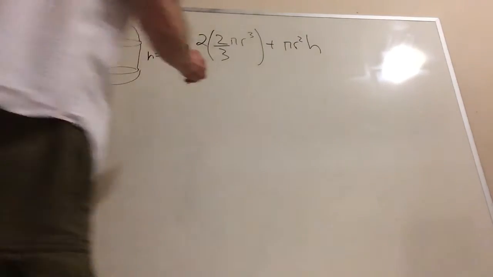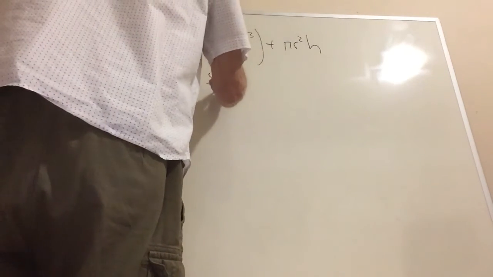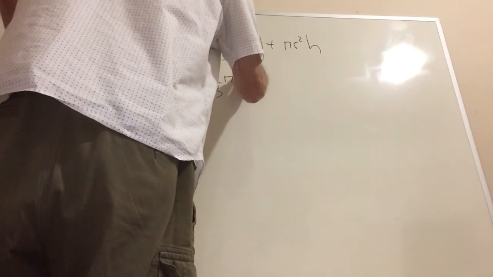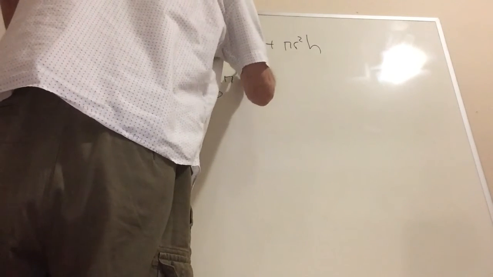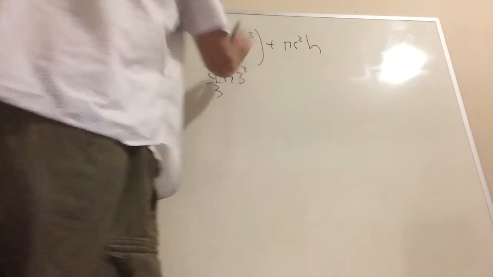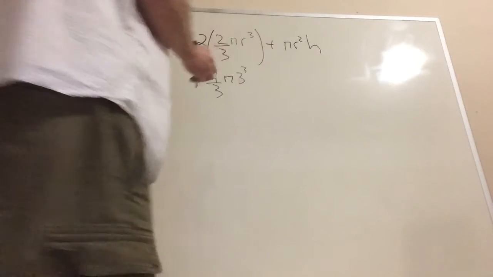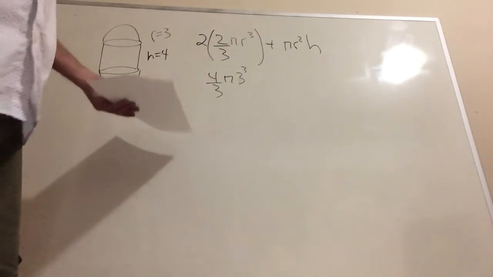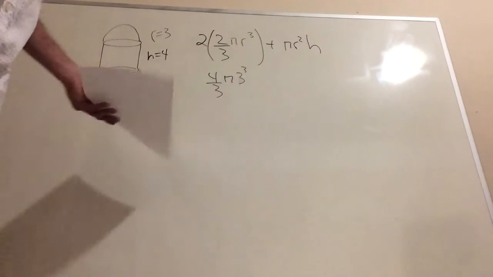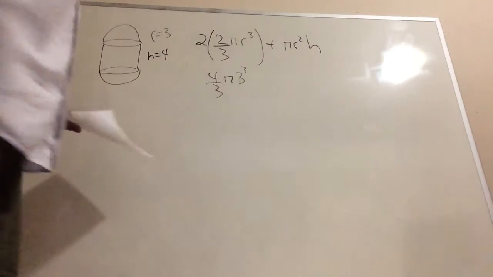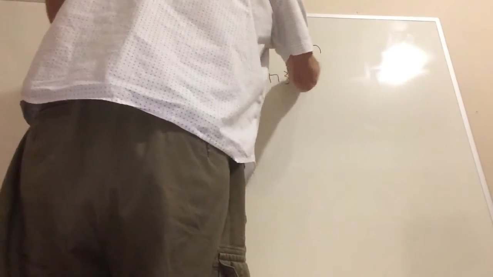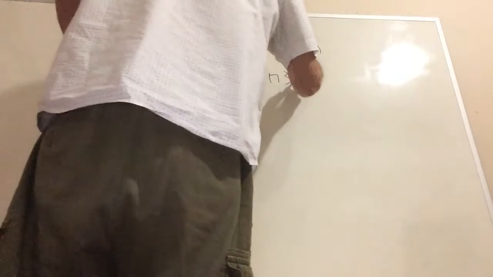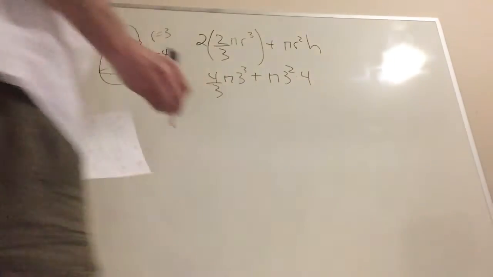And as we multiply over here, we get 4 over 3 pi, and our radius is 3, so it's 3 cubed. Again, it's nice to be able to cancel. That is artificial, but otherwise we waste our time crunching numbers. Who wants to do that? It's not even math. And then we add over here pi 3 squared, and of course we needed that h, which is 4. So there we are.